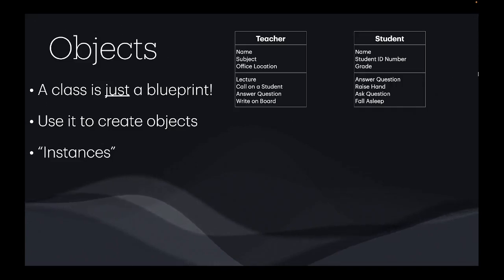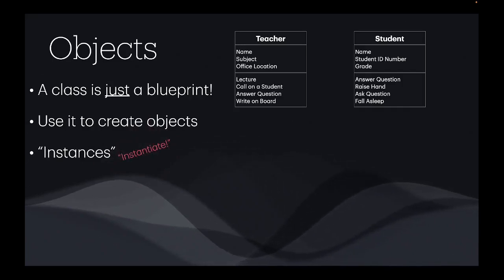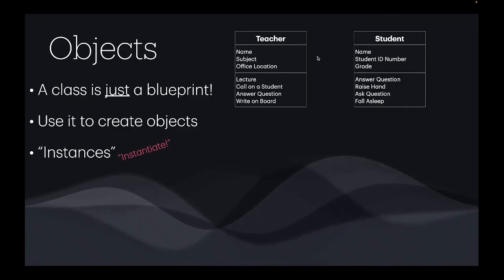And that word instance leads to this great verb that when we create an object in object-oriented programming, the action itself is called instantiating. We say that we're going to instantiate an object out of that class. And so when we instantiate an object, one of the things we do is we have to give values to all of these attributes.